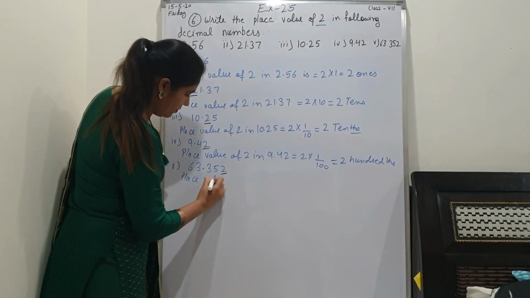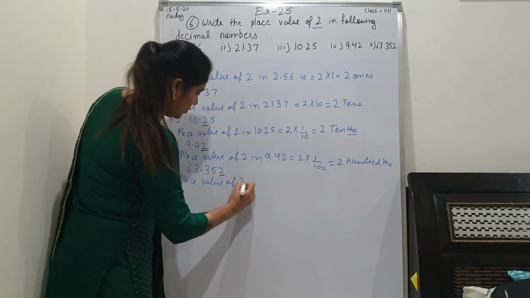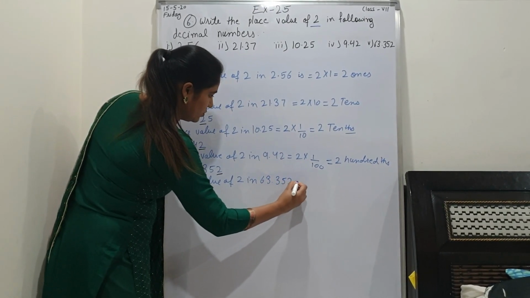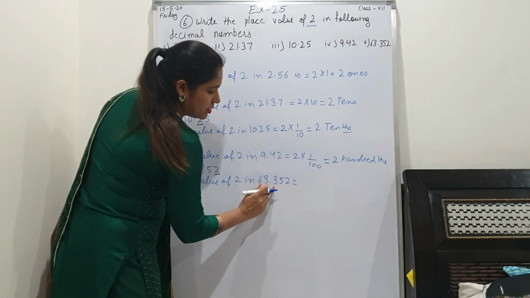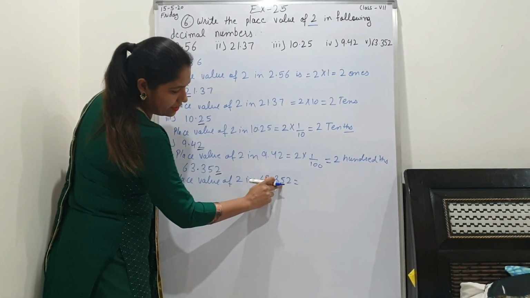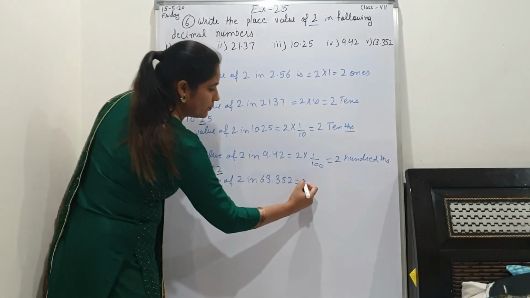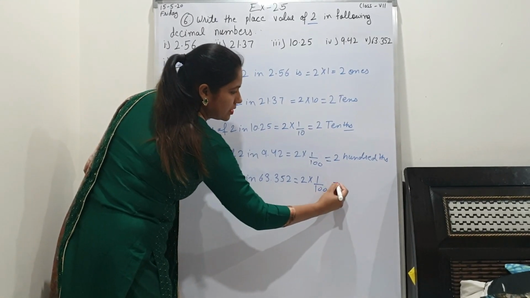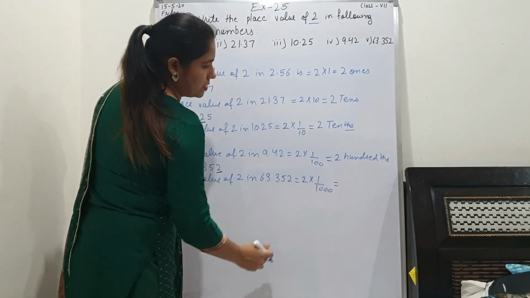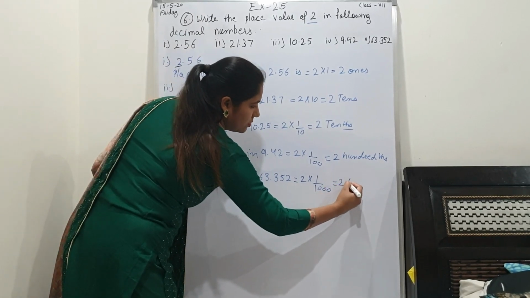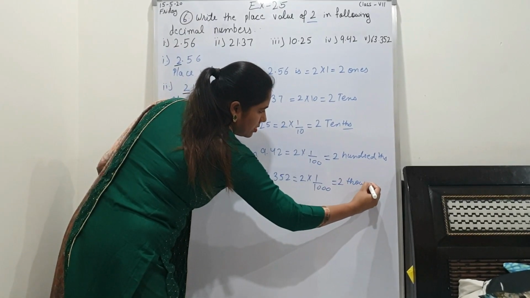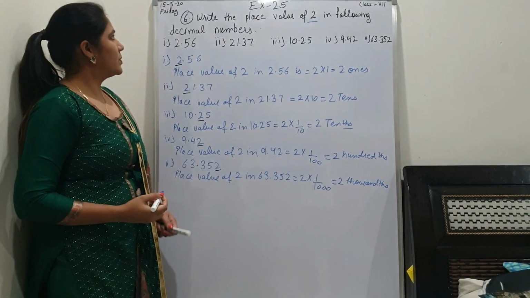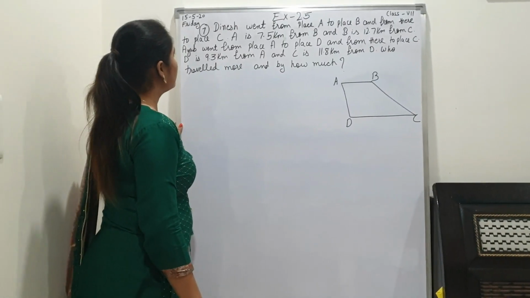Place value of 2 in 63.352: this one is tenth, hundredth, and this one is thousandth. So 2 into 1 upon 1000. So we will write 2 thousandth.